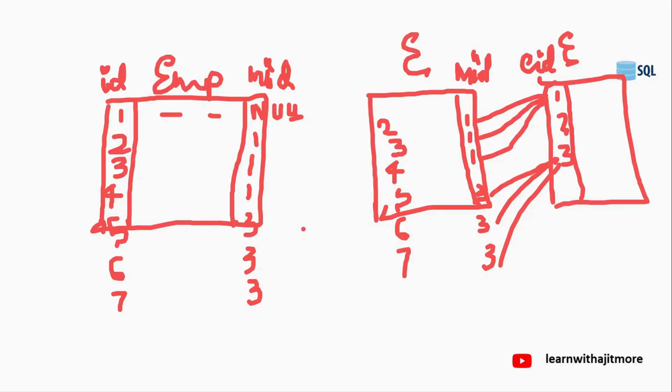Getting to this example, you're understanding, guys? Yes or no? I need confirmation from your side. Yes, sir. So when a table is joined to itself, it is a type of self join.